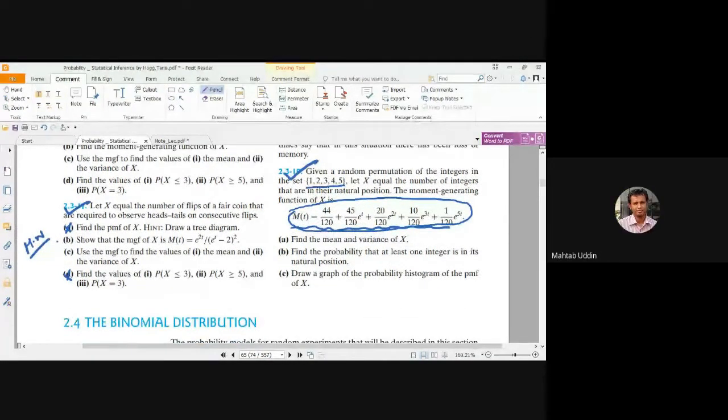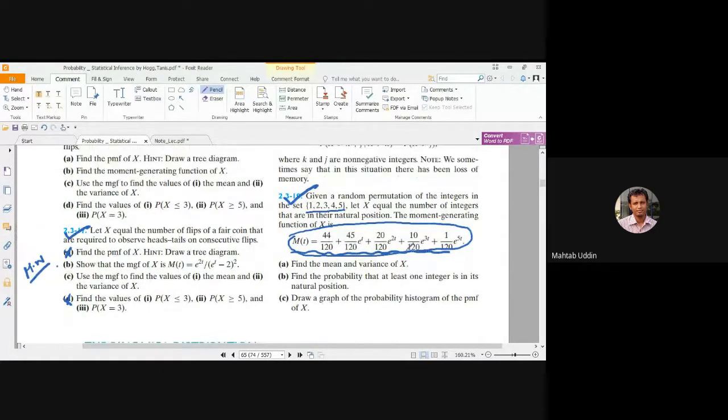They said that we have to find the mean and variance, find the probabilities, and then draw the histogram of the PMF. So let's go.